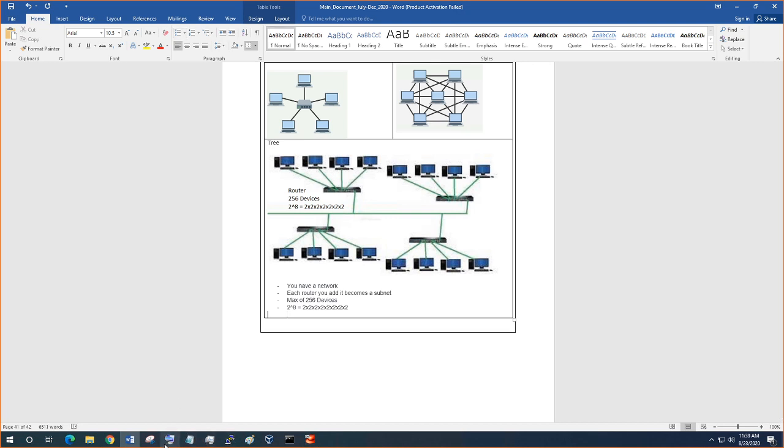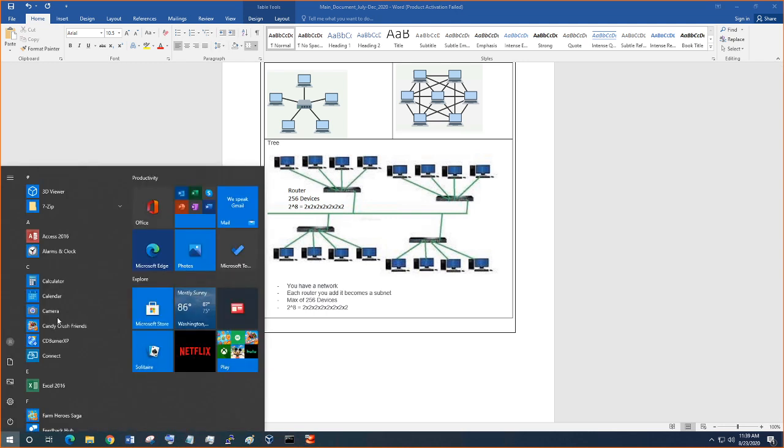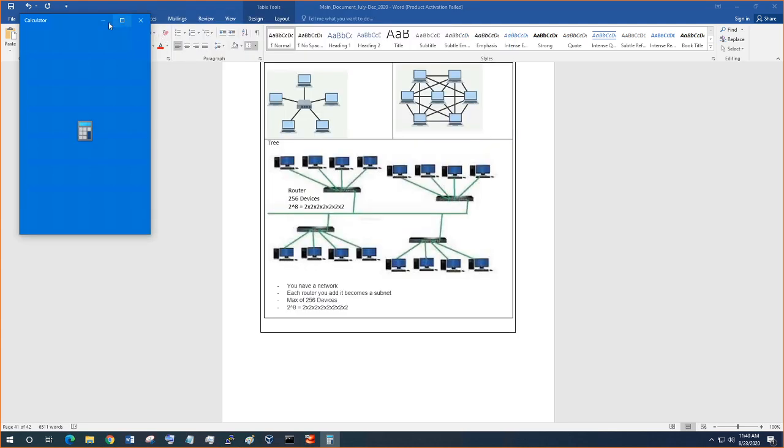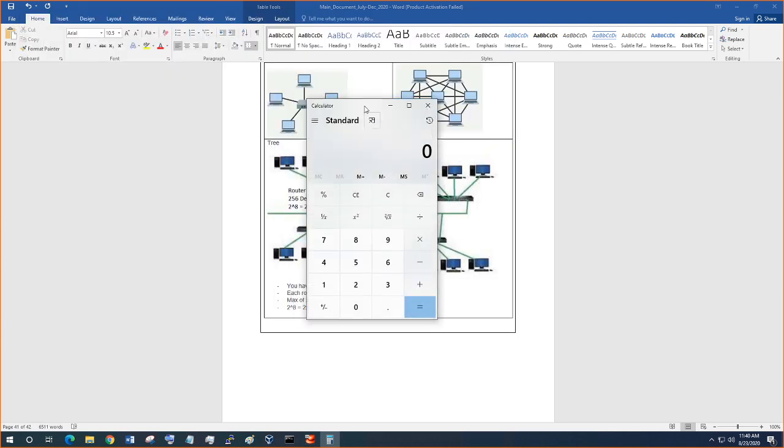Okay, so let's make sure I'm doing it right here. Let me bring out a calculator. So I'm doing 2 to the power of 8. It's not 2 times 8. 2 to the power of... how do I use this? 2, right?